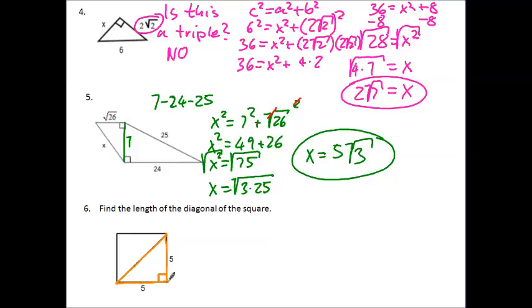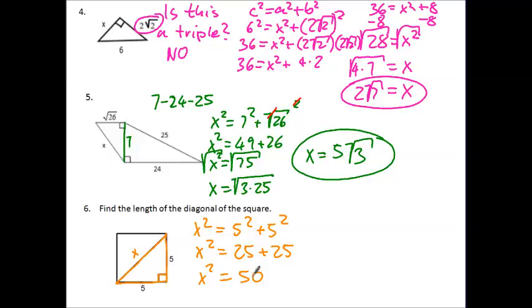Now 2 legs with the same length of 5, that is not a triple, so we have to do the work. In other words, looking for x, which in this case is the diagonal, x squared is equal to 5 squared plus 5 squared. X squared is equal to 25 plus 25, or in other words, 50.